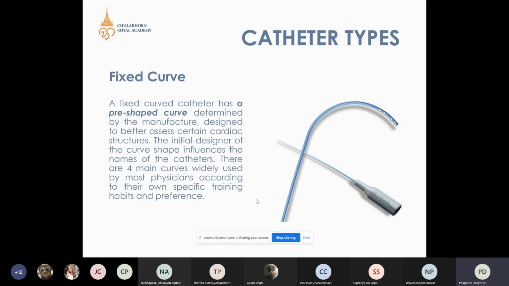Okay, let's talk about the catheter types. We have two types of catheter available in the market: fixed curve and deflectable curve.